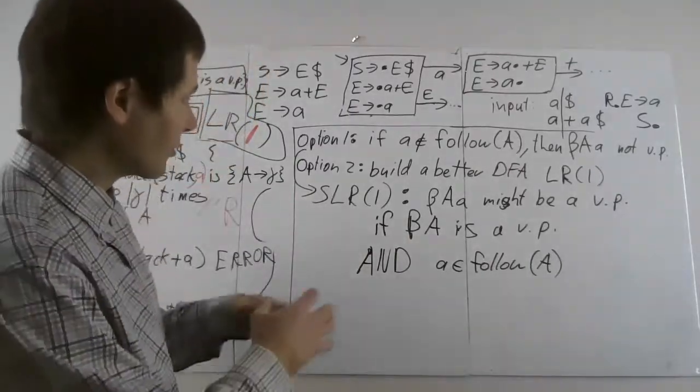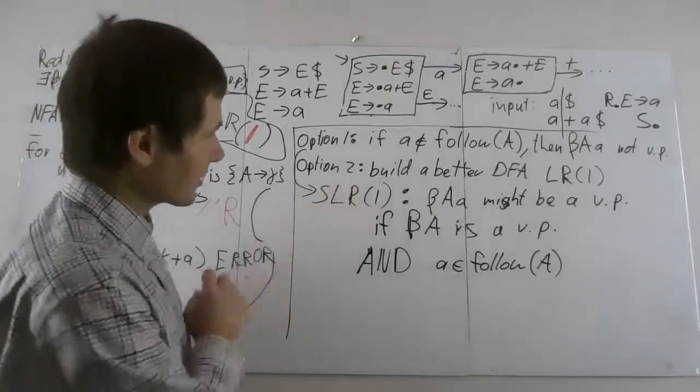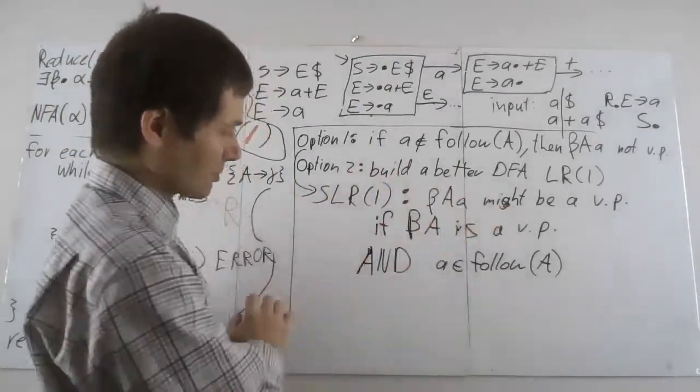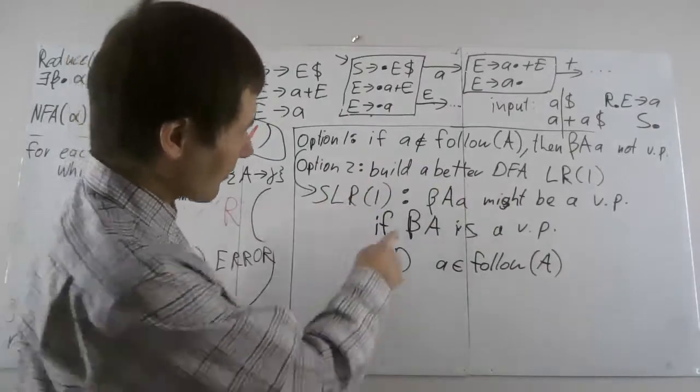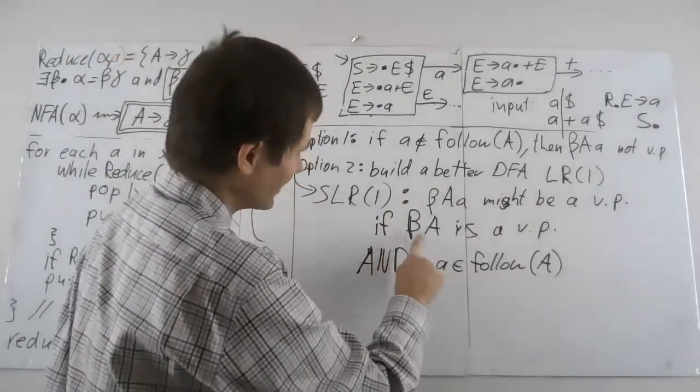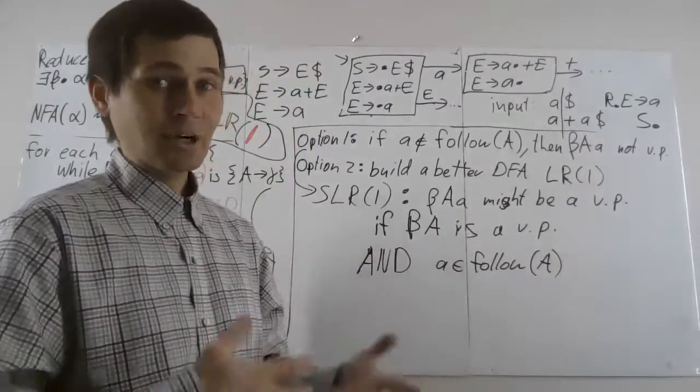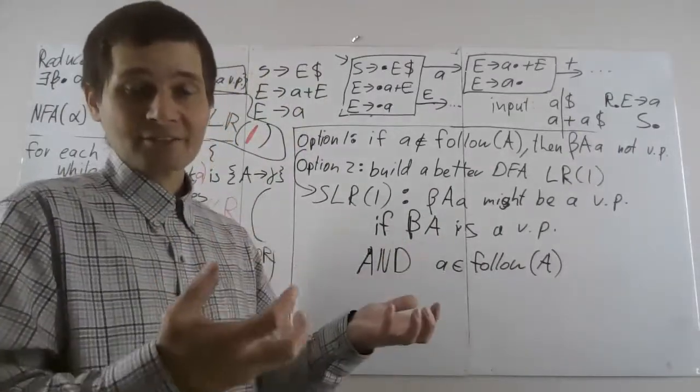The SLR parser approximates the question this way. How do we answer whether beta A is a viable prefix? We know how to answer that: we have a DFA from the LR0 parser that answers that question.